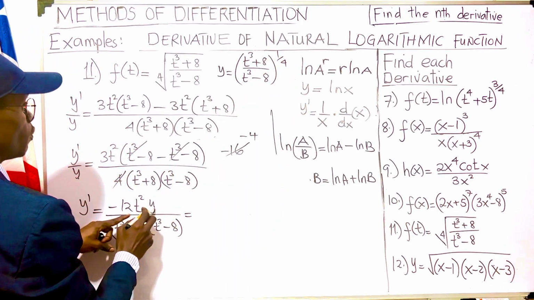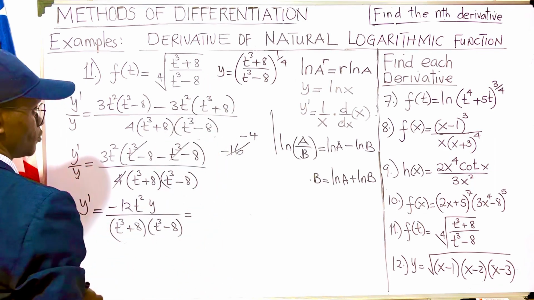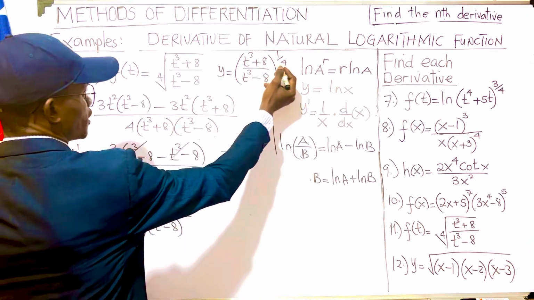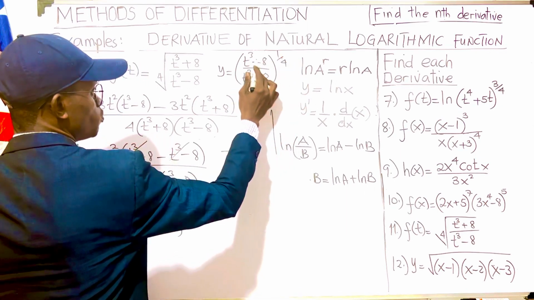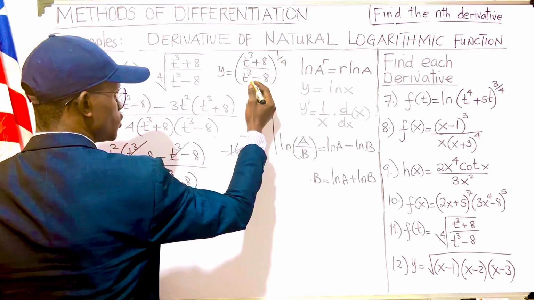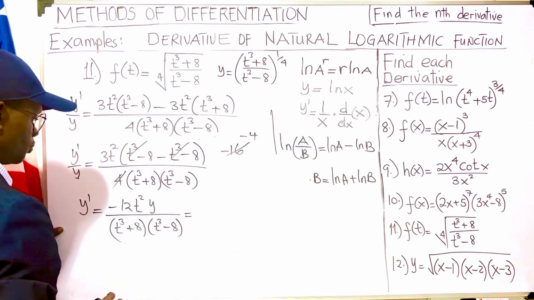So that's where we see why we put that expression. Remember, each of them can be raised to their own powers: t cubed plus 8 raised to the power 1 over 4, and t cubed minus 8 raised to the power 1 over 4.